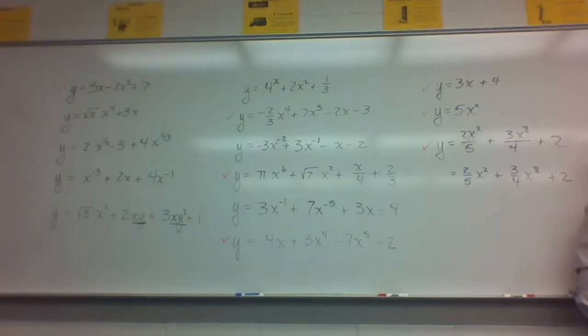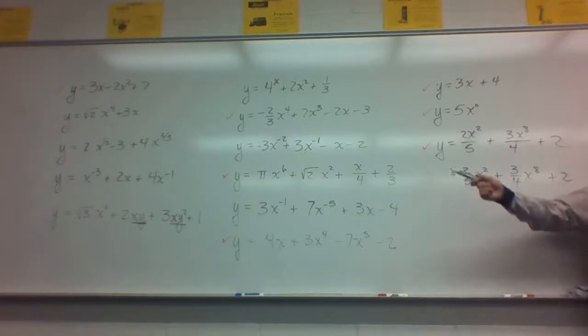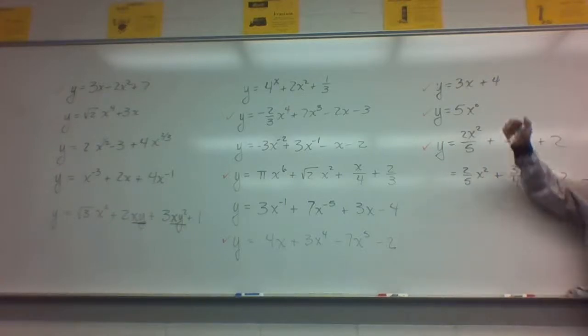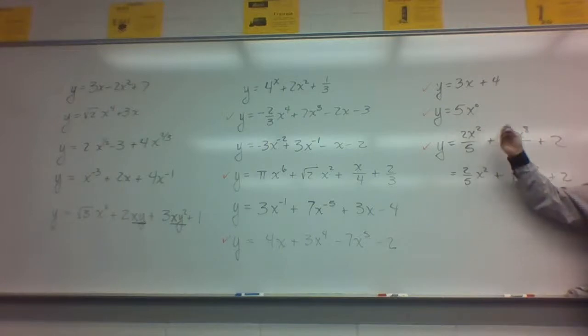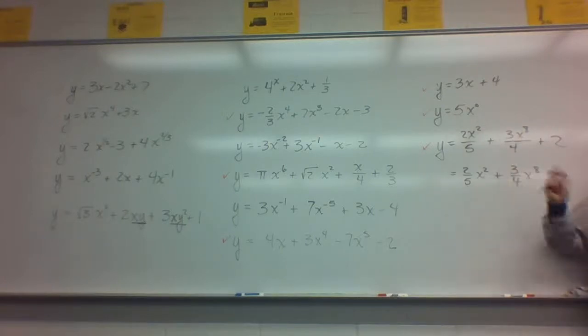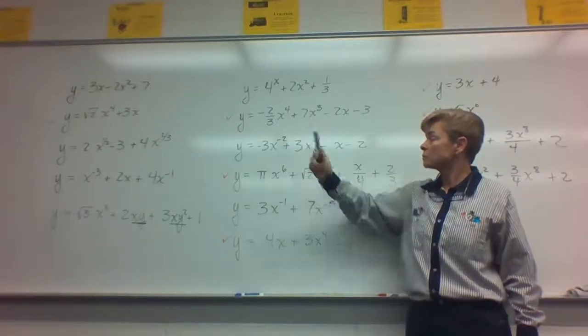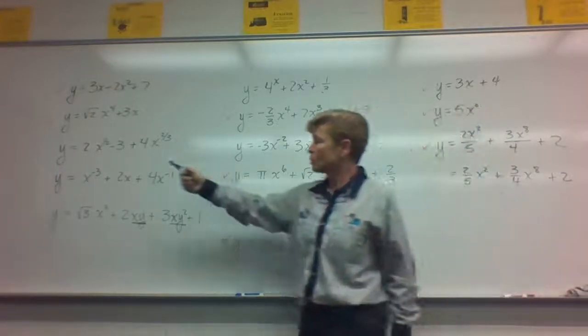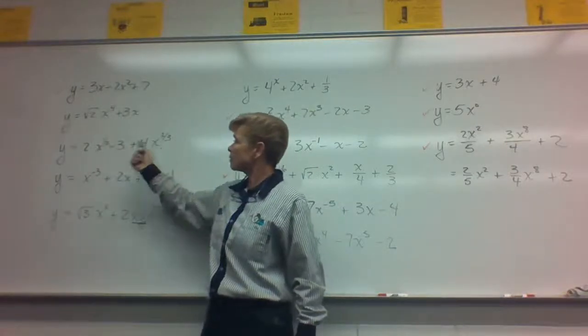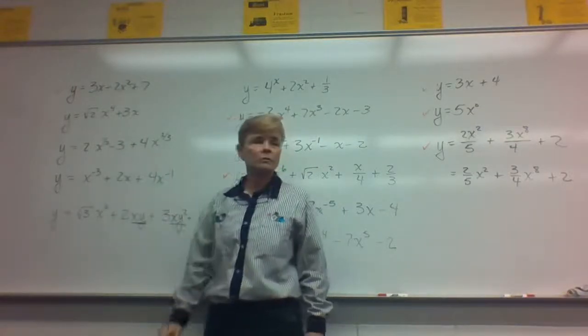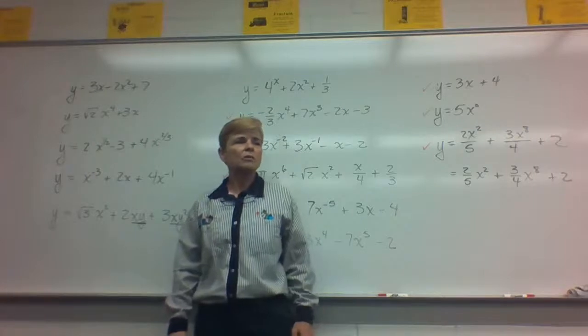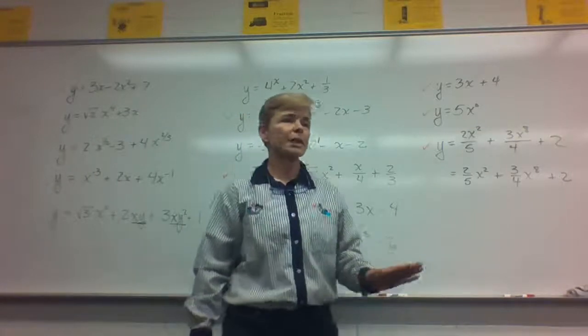As long as exponents are members of the whole number set, that, and that, and that, and that, and not that. That's not a whole number. So that's out. This isn't a whole number. Those are not whole numbers. It's not a polynomial. Exponents have to be whole. Everybody got it?